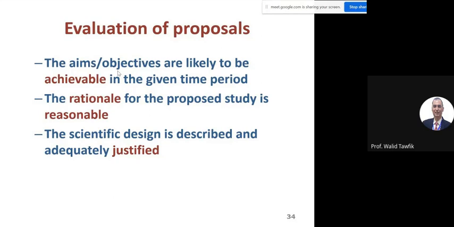If someone wants to evaluate your proposal, he will check if your aims are imaginary or could be achieved or not, and if your objectives are realistic and could be fulfilled or not. Then the rationale of the proposal study should be reasonable. Scientific design should be justified.